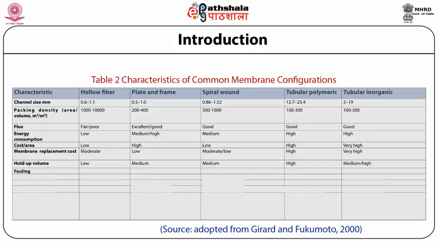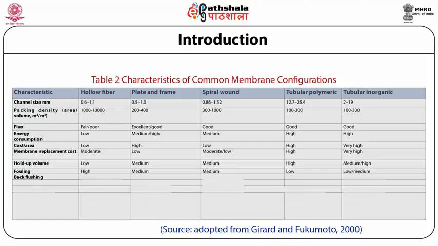Fouling: very high fouling is observed in the hollow fiber membrane module, medium fouling in plate and frame and spiral wound, and high or medium fouling in tubular membranes. Backflushing is the capability that, when the membrane is fouled, we connect an external pipe and pressurize the permeate from outside, which removes the clogging of the membrane.